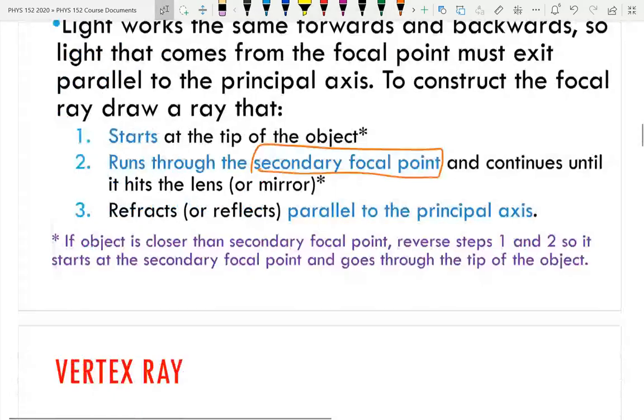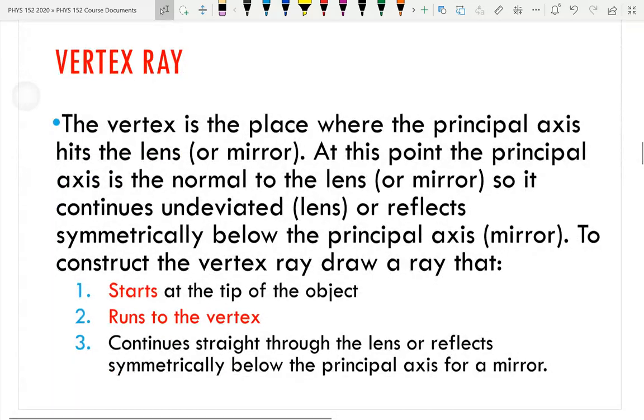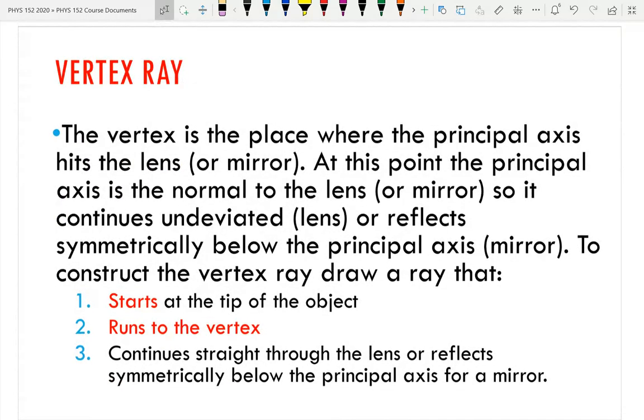The third and final one I'm going to talk about, I'm not going to talk about the center ray because it only applies to mirrors, is the vertex ray. If you have a thin lens, then at the vertex you have basically two parallel sides of glass or whatever it is.